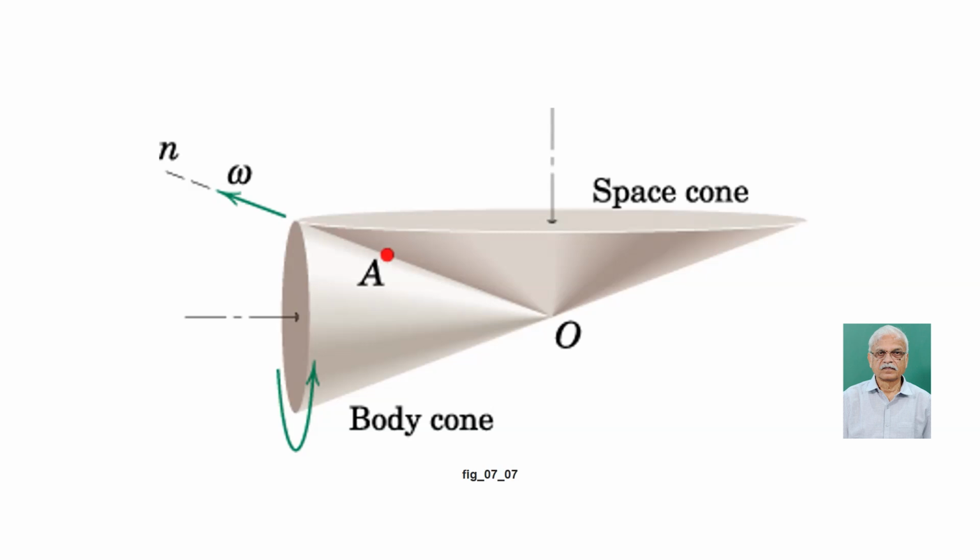Even in two dimensions, we used to say the velocity is omega cross r. Here, instead of r, the position vector, we have omega itself, measured from here to here. So we are going one step further, generalizing.